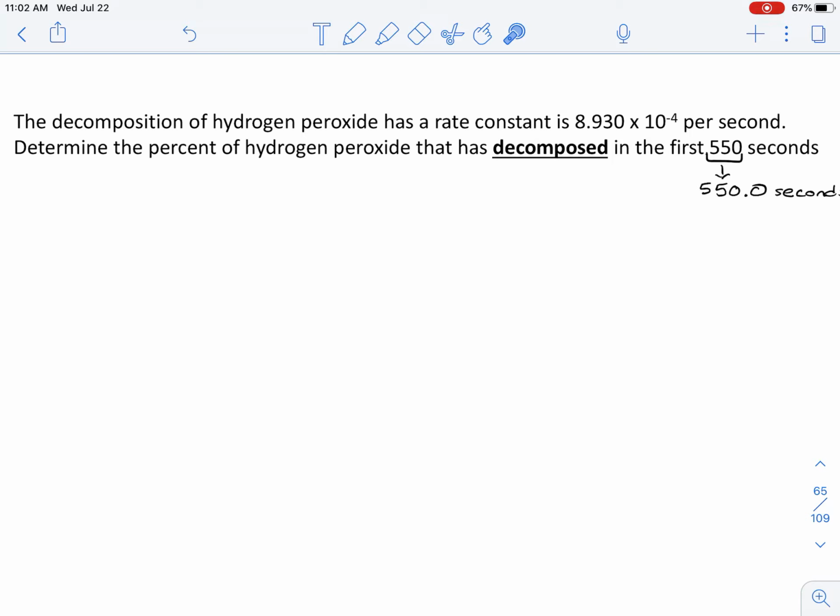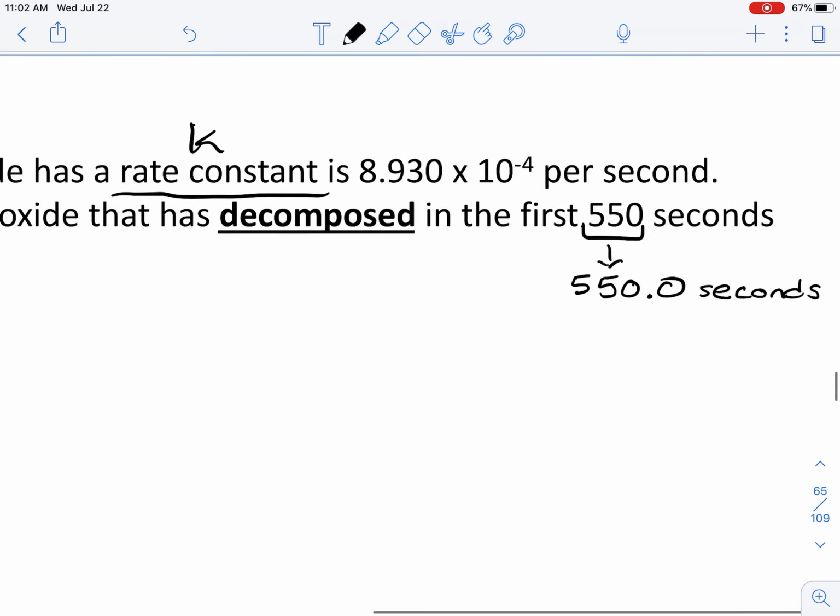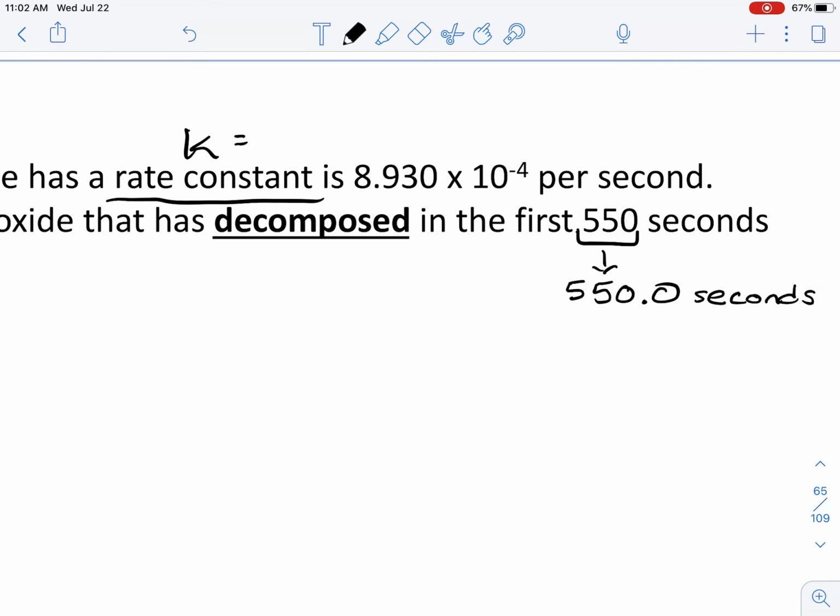However, if you guys look at the rate constant K, remember the unit for the rate constant K can also inform the reader what order of reaction is taking place. And so notice that the value of K is 8.930 times 10 to the negative 4 per second. In other words, 1 per second.